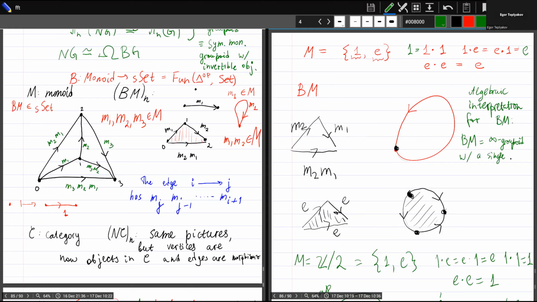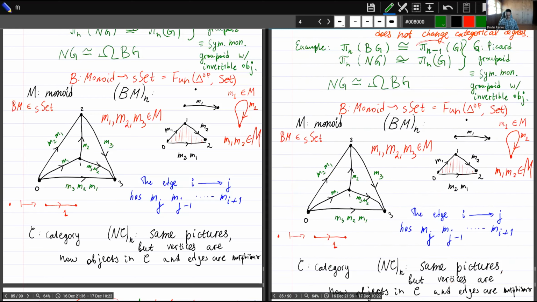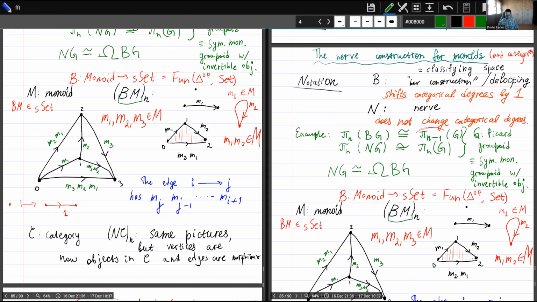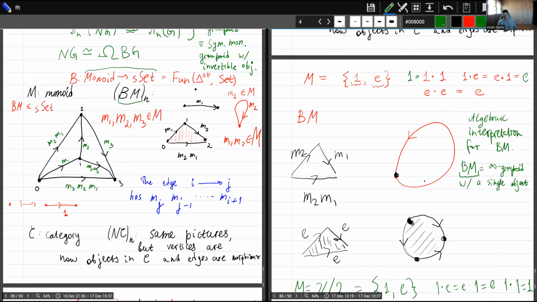BM is the notation for the classifying space, yes? We only define a single BM in this talk, right? The one that we just talked about. We can't define any other BMs, right? So this BM, the functor from monoids to simplicial sets. Okay. So the algebraic interpretation is an infinity groupoid with a single object, or in other words, it's an infinity group, where the group is the group of automorphisms of the single object.